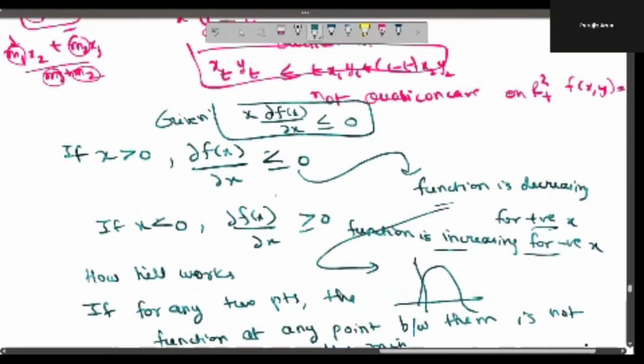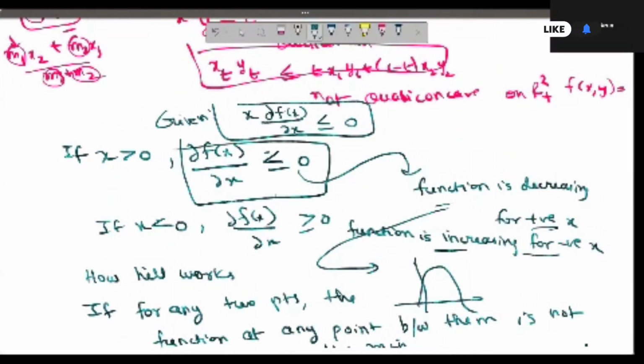You will start with the behavior of f(x), what is actually happening. If x is lesser than 0, then f is going up. If x is greater than 0, then the slope is going down.